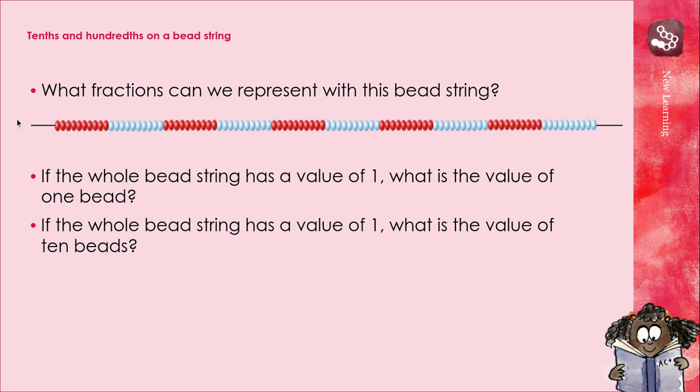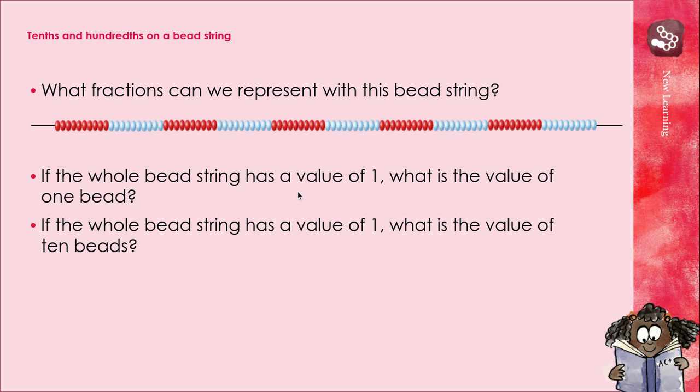Well done if you identified it as 10. So each of the different coloured sections always has 10. So 10, 20, 30, 40, 50, 60, 70, 80, 90 and 100. So 100 beads in total.